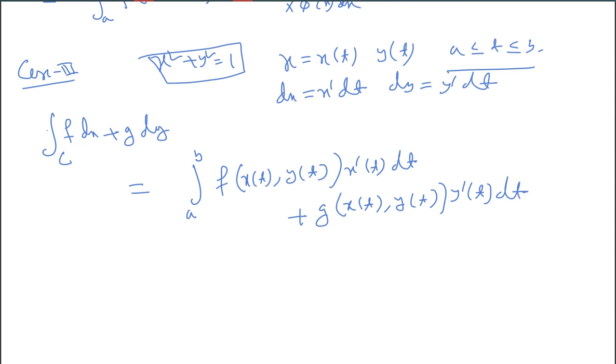You can solve like this. If some h into dz is given, in that case accordingly some z will be given to you here, and you can accordingly change this. Okay, so let me do the problem.